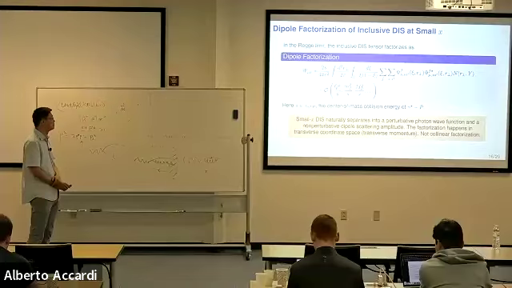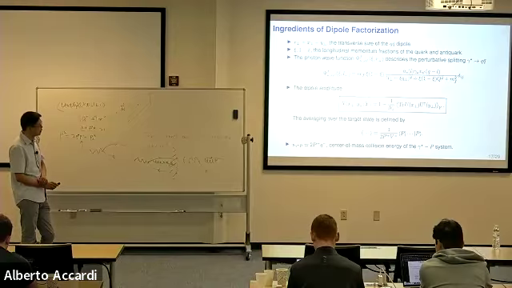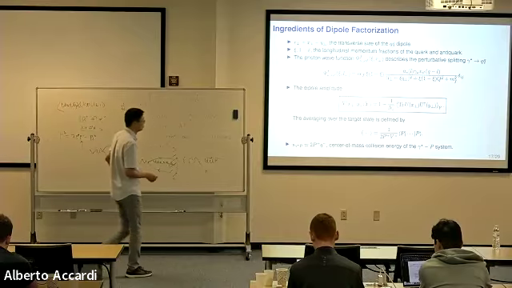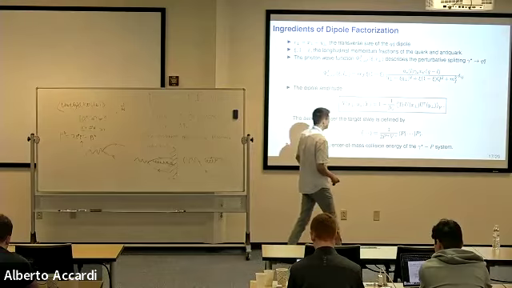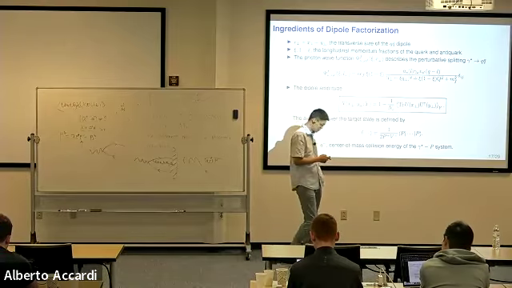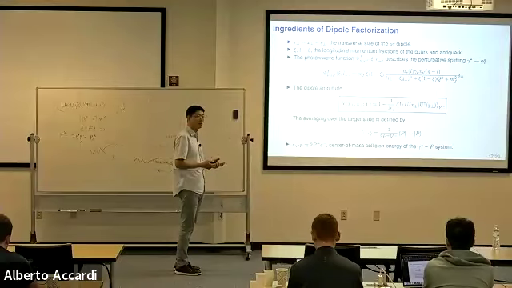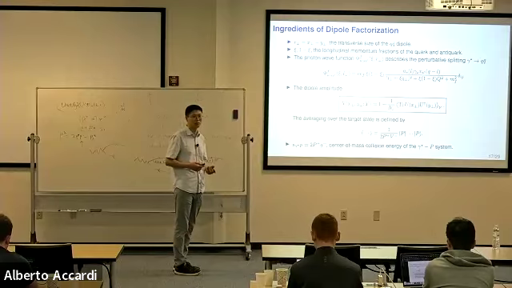Okay, maybe I should answer this way. If you have this object, the average of two Wilson lines in the proton state, it is a non-perturbative object. Even though it's not calculable systematically, people can always come up with models to do the calculation.